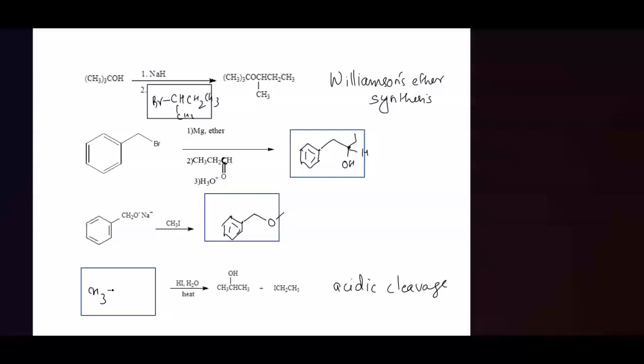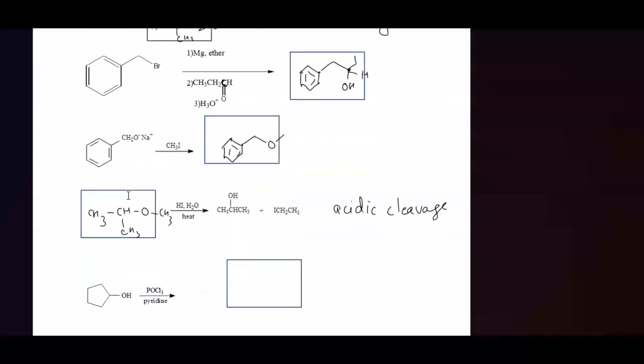This is the same compound, but now we have it as the ether, O CH3, and then here is where my second CH3 is, so that's the 2 CH3s. I had the OH here, but that is the one that cleaves with the acidic cleavage, and so you get back the alcohol and the alkyl halide. All right, so those were the reactions of alcohols.